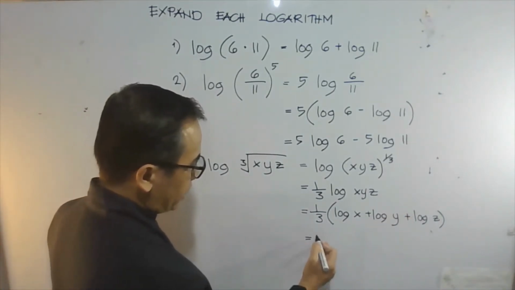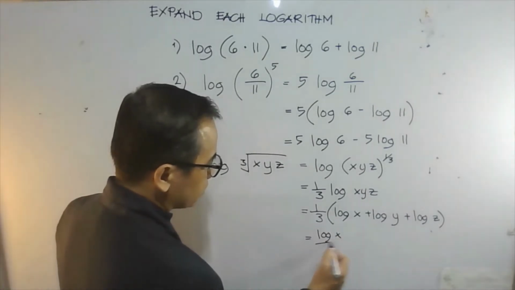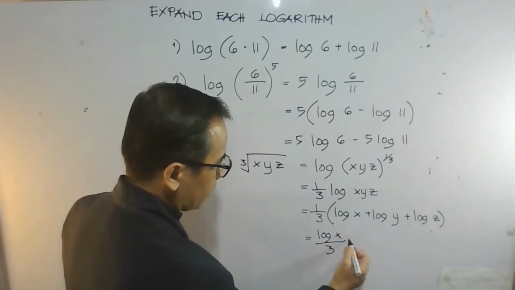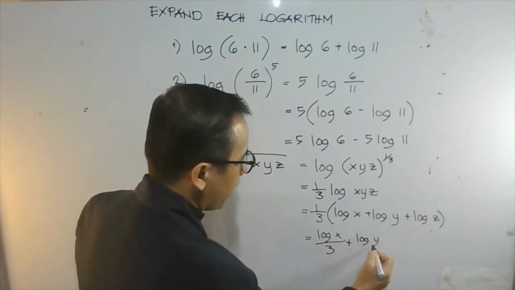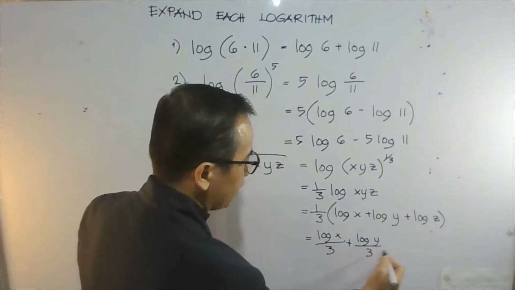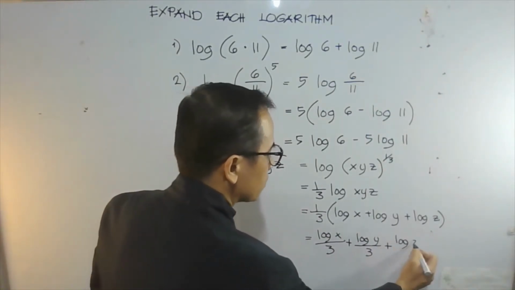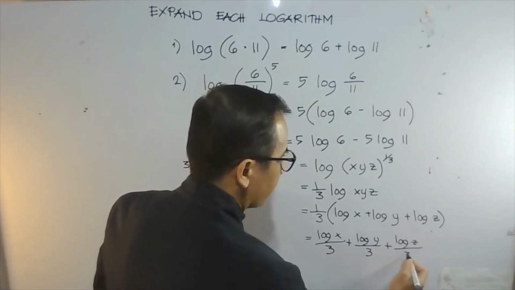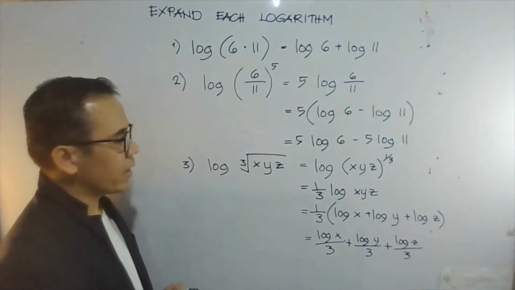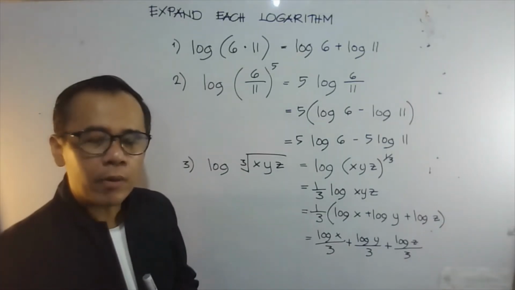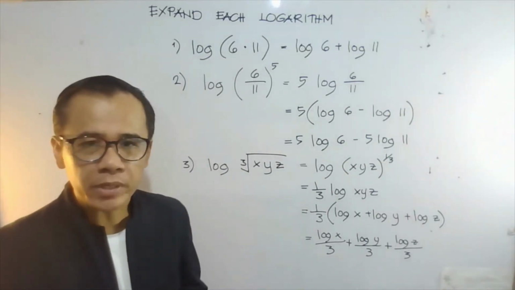So this is now equal to the log of x over 3 plus the log of y over 3 plus the log of z over 3. This is now our final answer. So I think it is now clear to you on how to expand a logarithm using its properties.